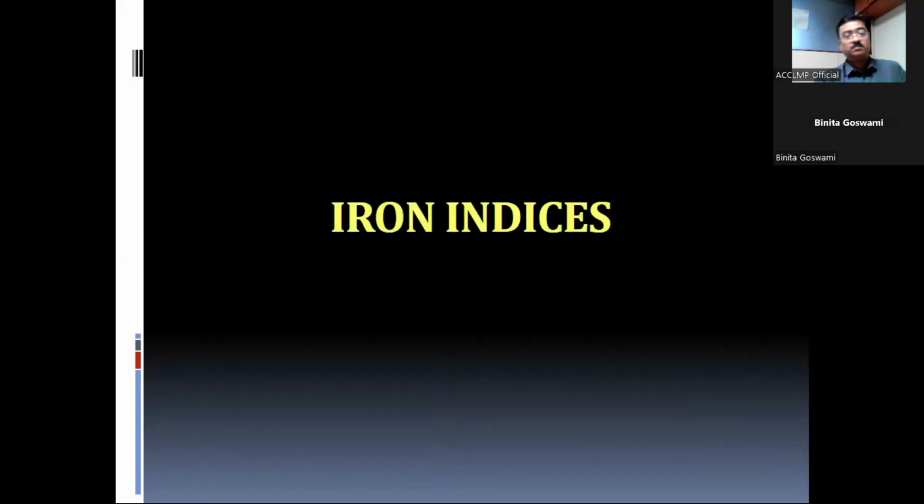Now, another most important thing which you will find difficult to answer is iron indices. I always prefer saying iron indices.